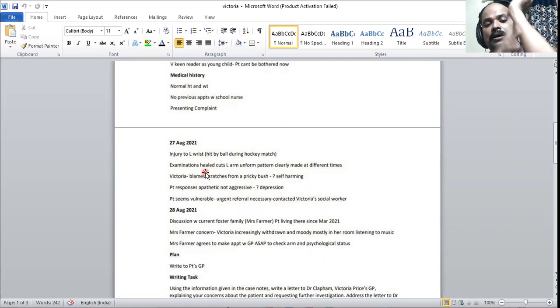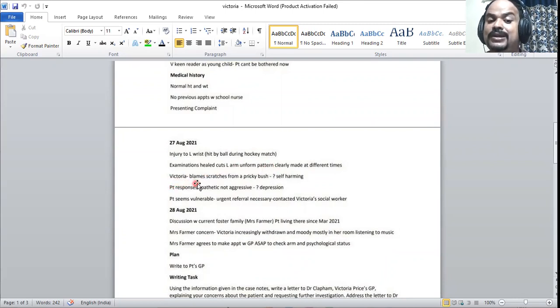So it's not in a shape, it's in a different shape, an irregular pattern. So we can say an unformed pattern of cuts clearly made at different times. Whenever you see this, it is somewhat unusual.